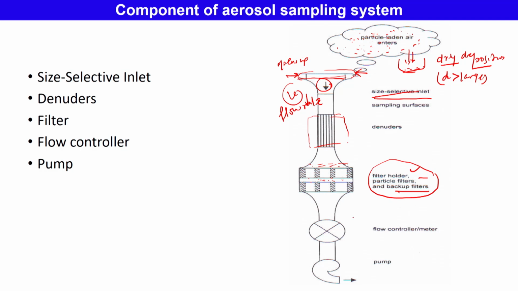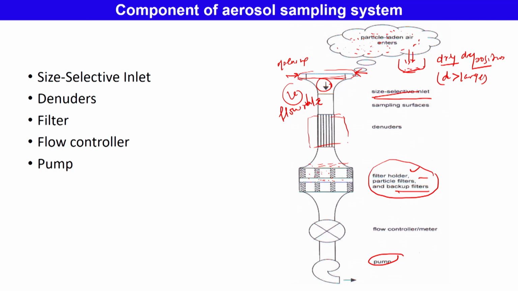So what you have to do, you have to put here actually a kind of pump. This is very important, and this pump is needed because when the particles are deposited on these filters, otherwise if the pump is not there, then the particles that are there in the air will not be deposited.